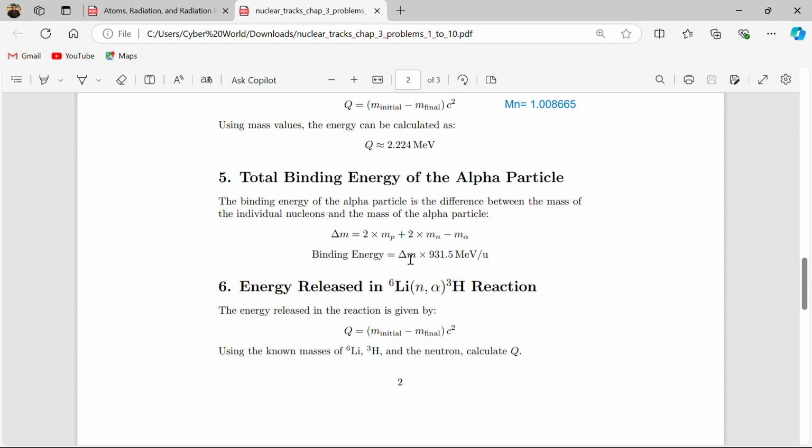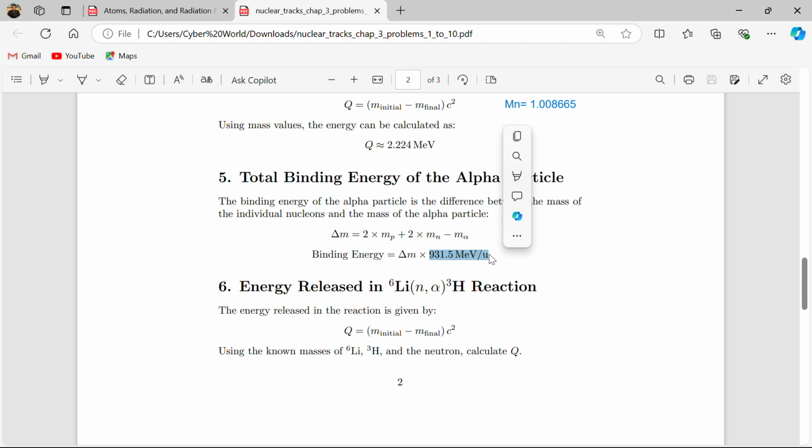After calculating, your mass defect is delta m, and finally you have to multiply it by 931, because 1 amu, as you already know, is equal to 931.5 mega electron volts. One atomic mass unit is equal to this.